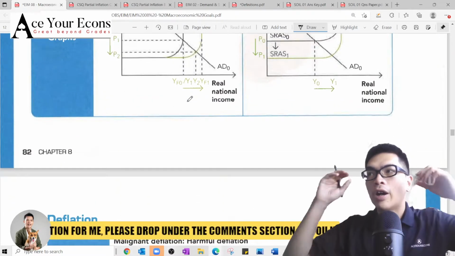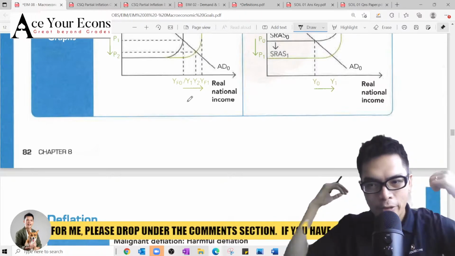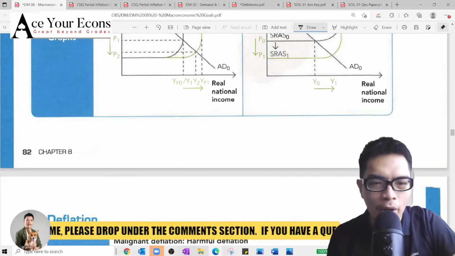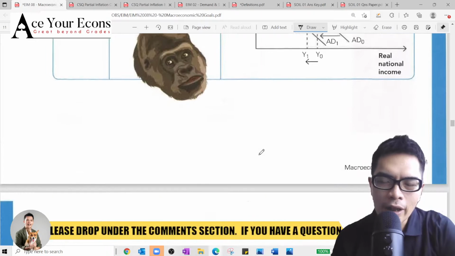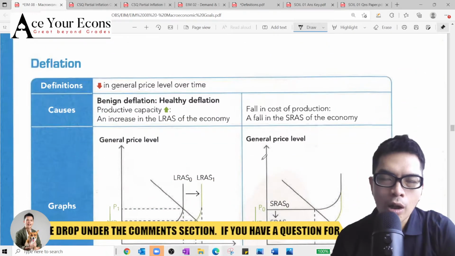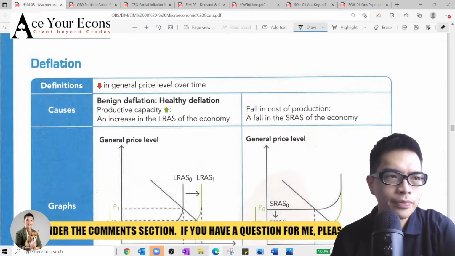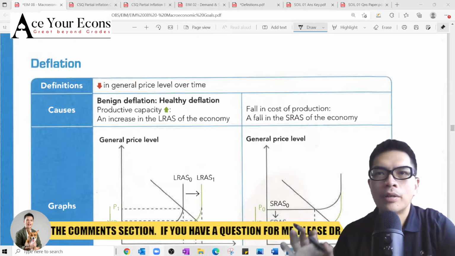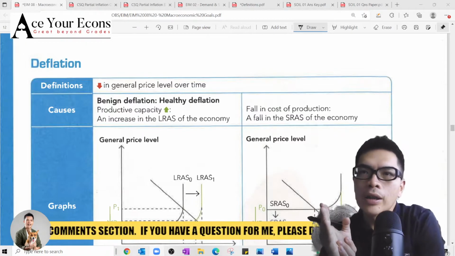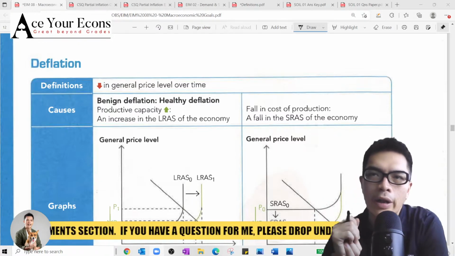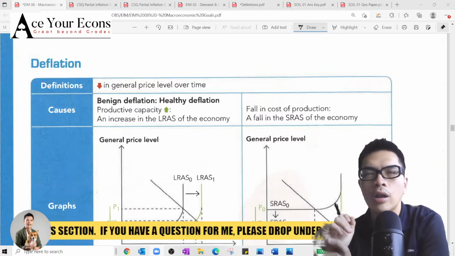Oh yes, before I cover this, I am so sorry, I missed out one important thing in inflation. I just want you guys to quickly type it out in the chat function.